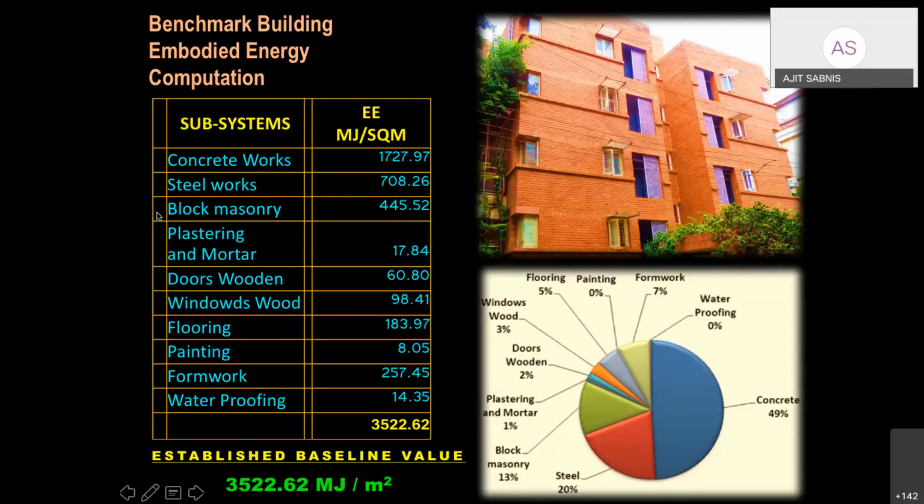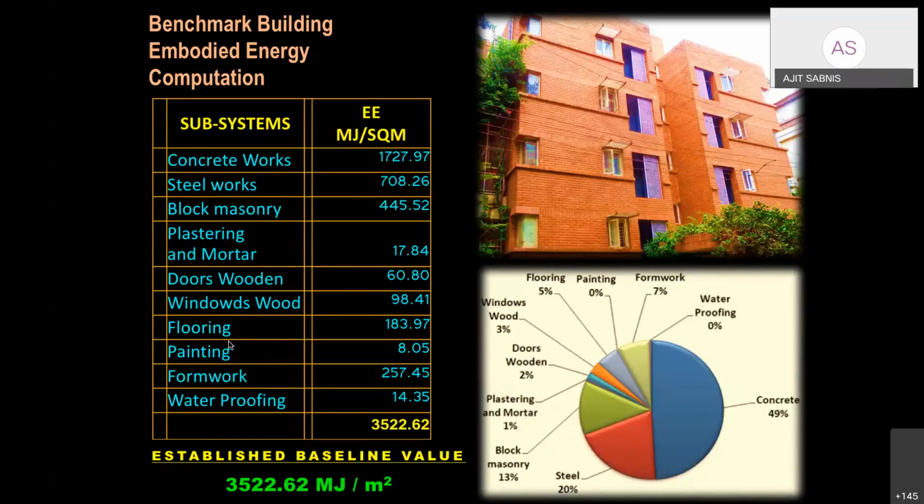The entire data collected for the benchmark project has been categorized into these 10 primary parameters, or subsystems, whatever you may call them. All concrete works are put together, steel works are put together, including the reinforcement and the structural steel, block masonry, etc. Otherwise, it becomes too complicated and too elaborate.